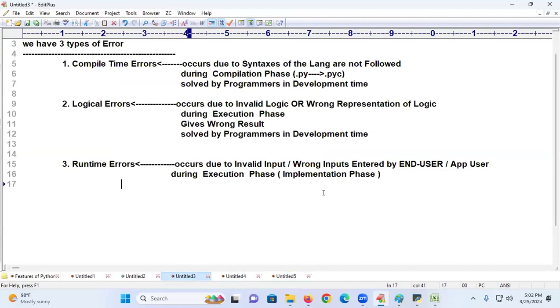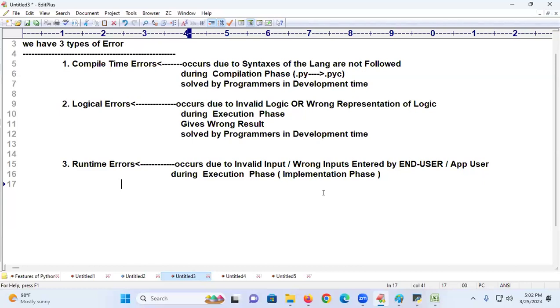So you are supposed to convert technical error messages into user-friendly error messages by the concept of exception handling. So exception handling is one of the features of Python. Exception handling definition: the process of converting technical error messages into user-friendly error messages is called exception handling. Got it, students?